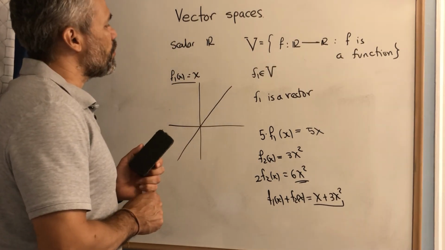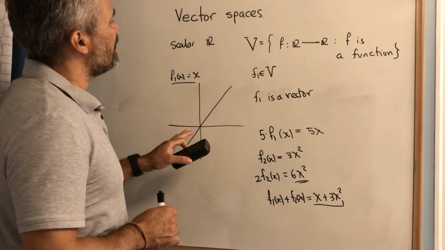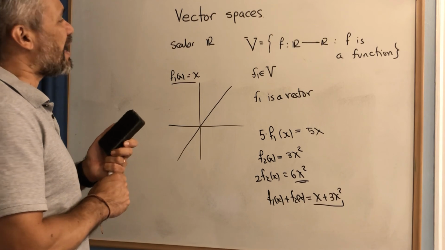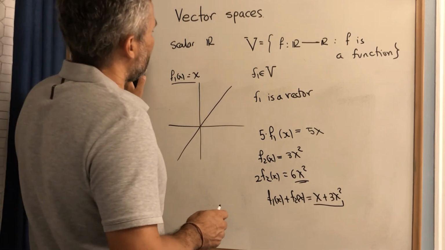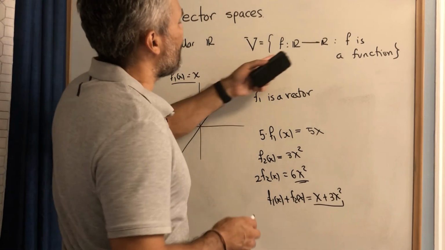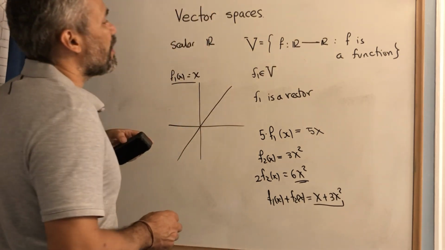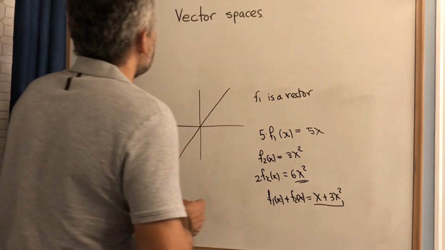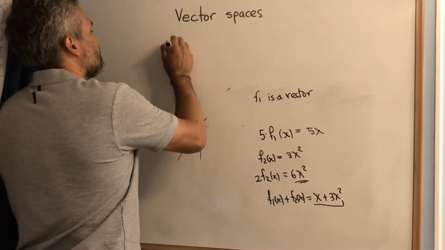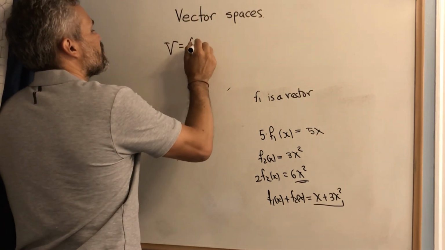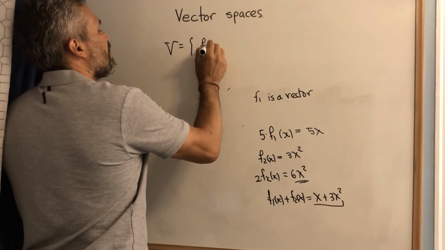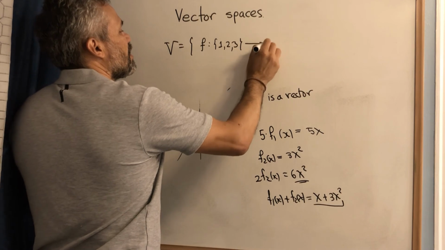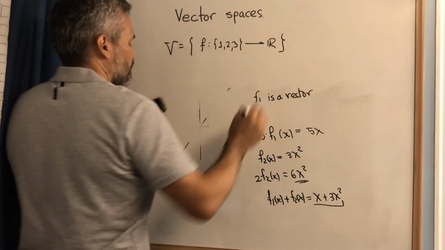Let me show you an example that shows us that R to the power of n is not so far from being a space of functions. Let's consider this vector space V equal to functions defined from the set {1, 2, 3} to the real numbers.